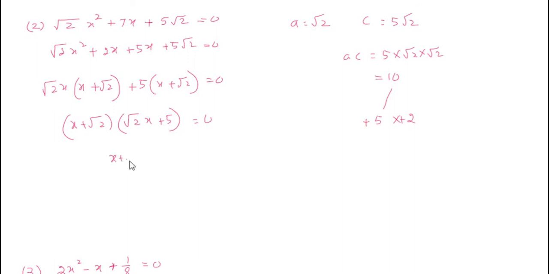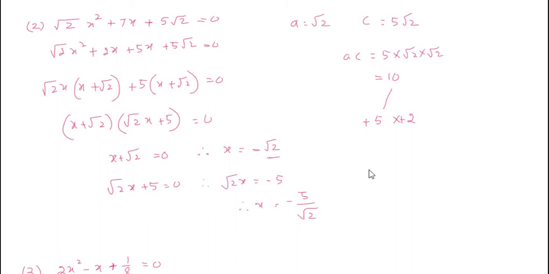Equate the individual factors to 0. x plus root 2 equal to 0, therefore x equal to minus root 2. Root 2x plus 5 equal to 0, therefore root 2x equal to minus 5, therefore x equal to minus 5 divided by root 2.